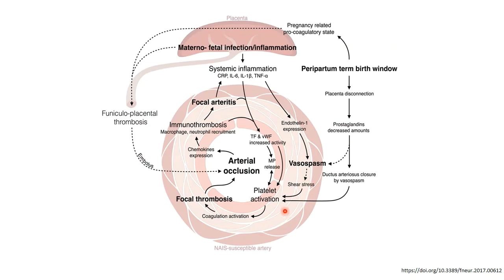So if we come to the pathophysiology that results in neonatal arterial ischemic stroke, we find that if there is a feto-maternal infection or inflammation, that results in the characteristic elevation of acute phase reactants like CRP and other interleukins and TNF. This typically causes an activation of tissue factor and von Willebrand factor, and there is associated platelet activation and activation of the coagulation cascade, resulting in focal thrombosis and arterial occlusion.